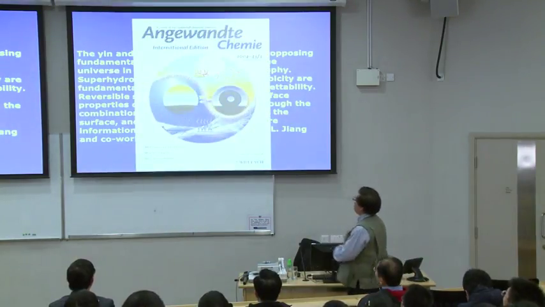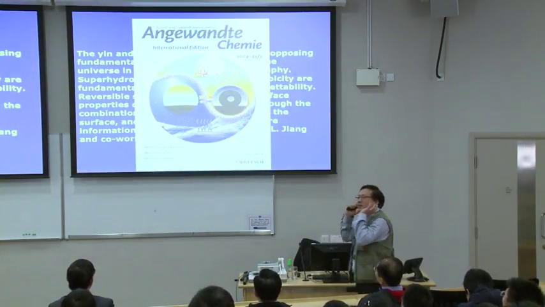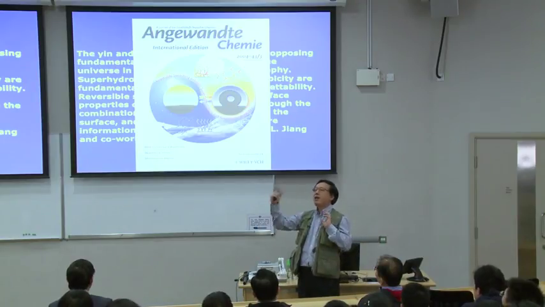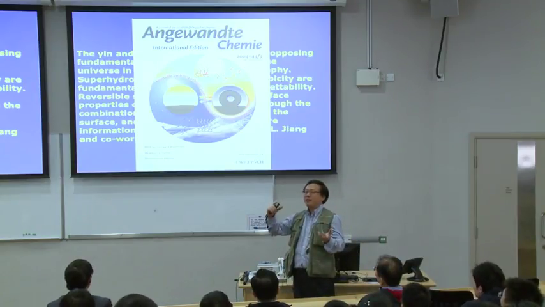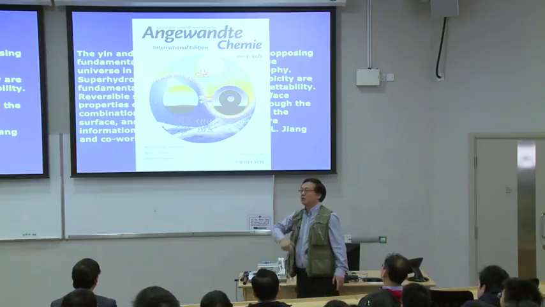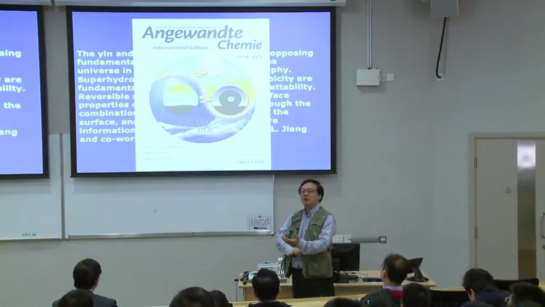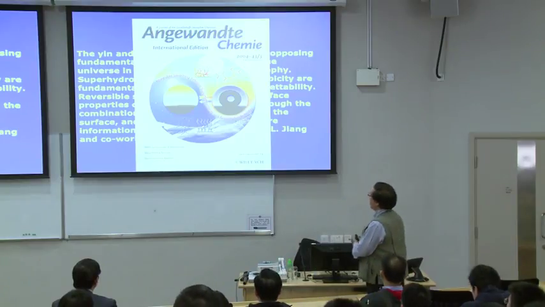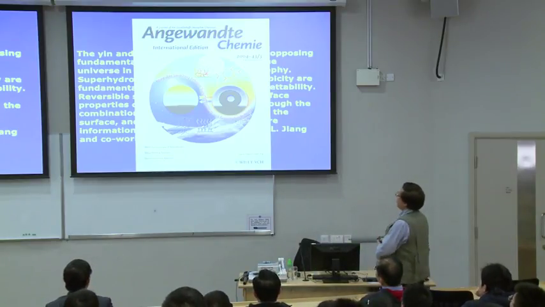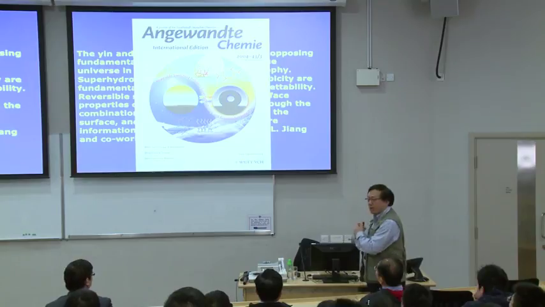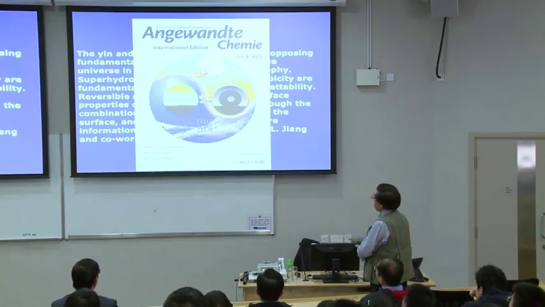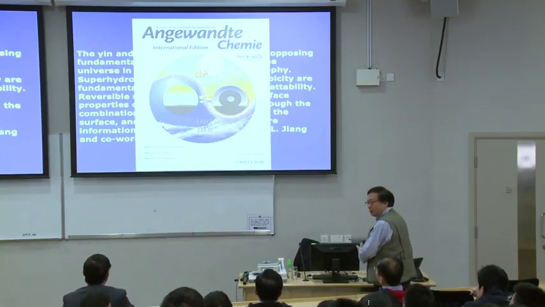So after you understand this, why don't we select polymers that can change their wettability, above or below 65? Then we can get superhydrophilic-superhydrophobic switching. PNIPAAm is a famous polymer. It's a temperature-driven system, and we realized this in 2004.